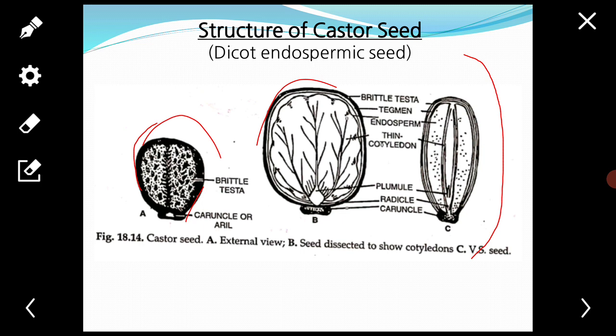A soft, white, spongy structure called the caruncle is present at one end of the seed. The caruncle or aril is an outgrowth of the micropyle.